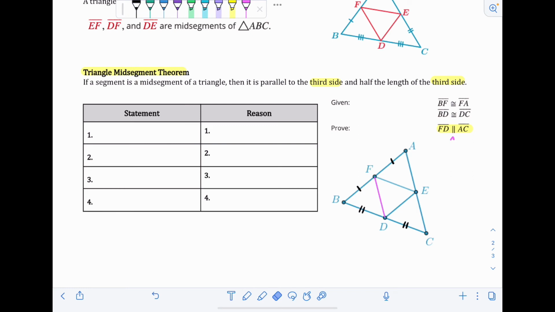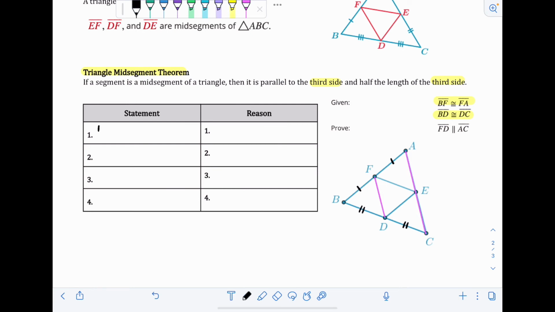We want to prove that those two are parallel. Okay, so I'm actually going to leave that there because I think it's a nice visual. So for our proofs, remember to start with what you're given. Segment BF is congruent to segment FA, segment BD is congruent to segment DC.